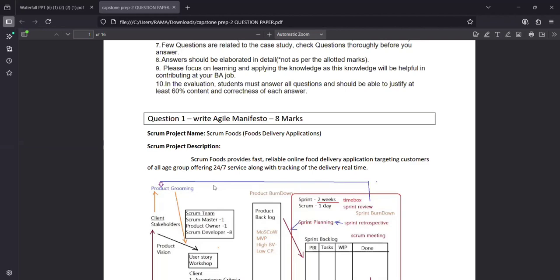You need to include the four main values, and you need to explain them while giving the viva. Suppose one of the four main values is individuals and interactions over process and tools. What do you mean by that?